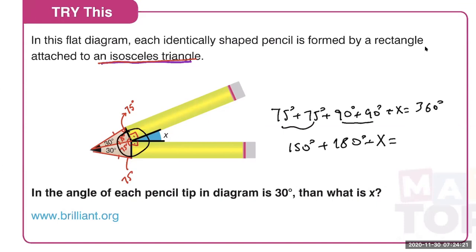So x would be just the supplement of 150, which is 30 degrees. Yep, that's our answer.